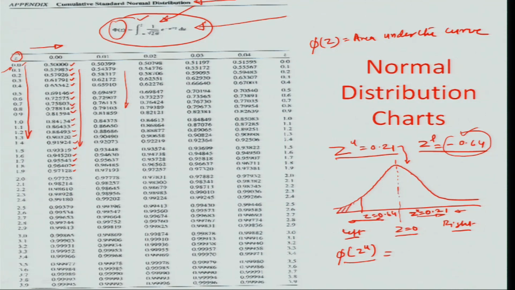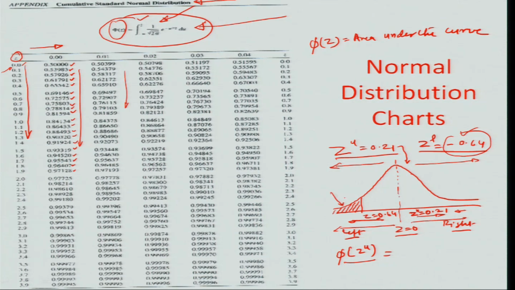The area under the curve should be represented by the small area towards the left of the line corresponding to z equal to minus 0.64. So the area towards the right is the same as the area towards the left, because of the symmetry of the function.